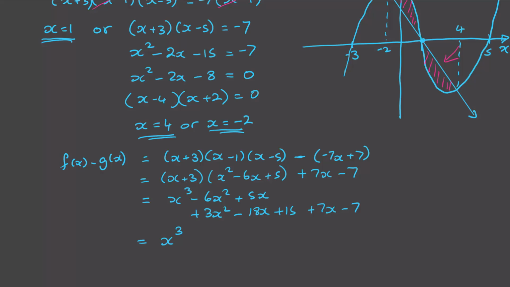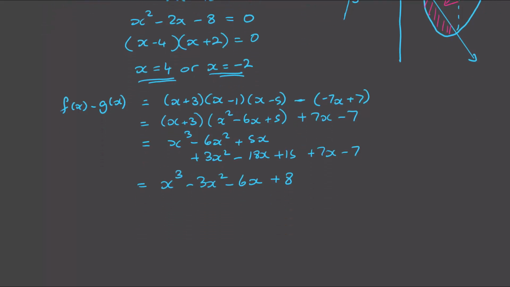And so that is x cubed, and with the 3x squared and 6x squared, that's going to be minus 3x squared. For the x's, I've got 5 add 7 gives me 12, take away 18, so that's going to be minus 6x. And then the 15 take away the 7 is plus 8. So that's the function that we have to integrate.